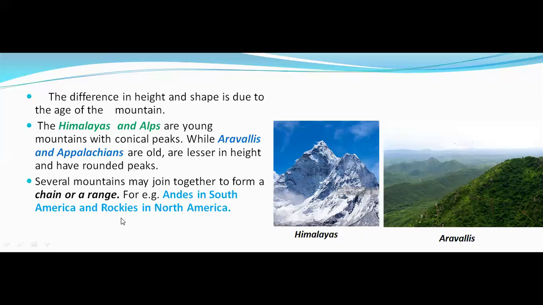A few more examples are the Andes in South America and the Rockies in North America, which are ranges of mountains. In our country, the Himalayas as well as the Aravallis are also chains of mountains, considered to be ranges. Yes, children, I think this is clear about the older mountains and the younger mountains.